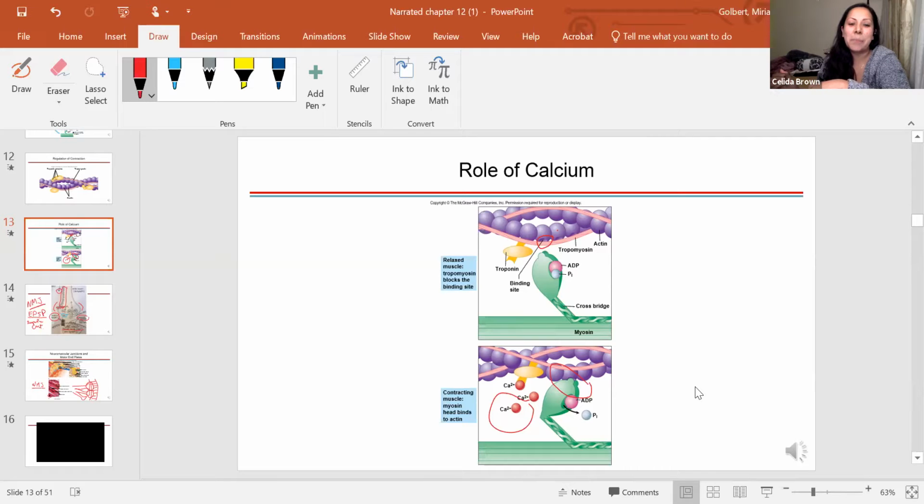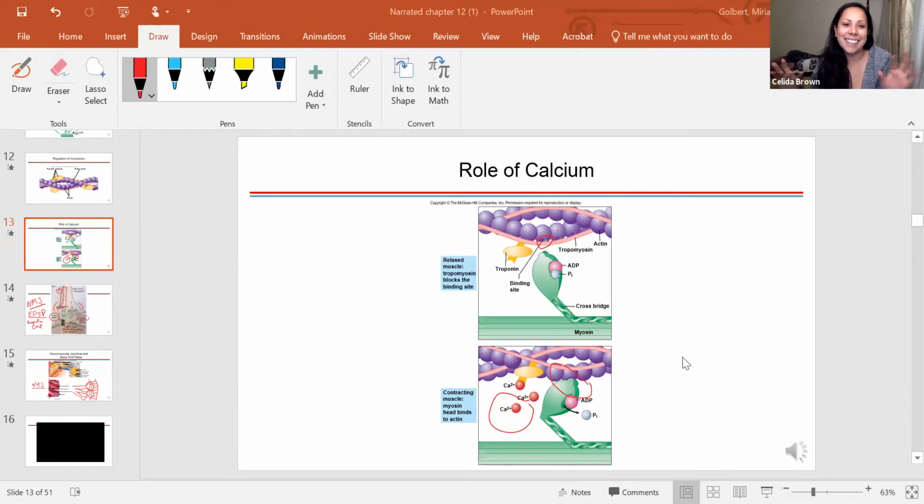Then acetylcholine disappears from the synapse and goes back up to the presynaptic cell, or neuron. And then ATP comes in and releases the myosin head, and then the muscle relaxes.